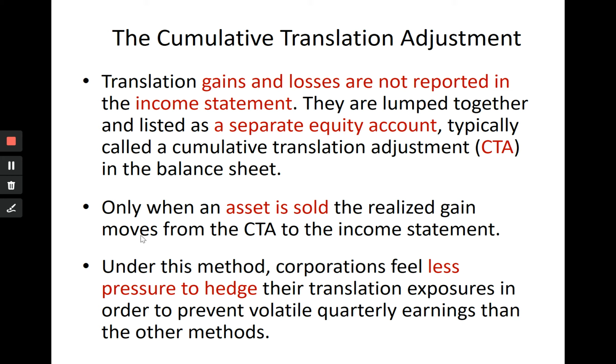This account is called a CTA. It's the abbreviation for cumulative translation adjustment, and those words talk to you.